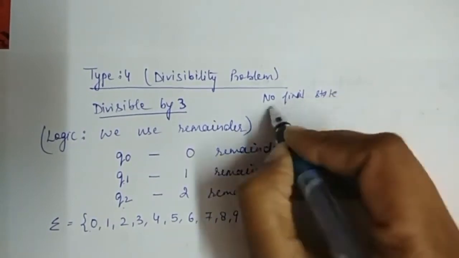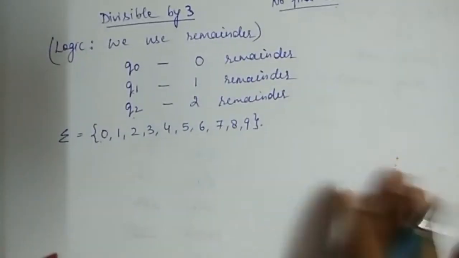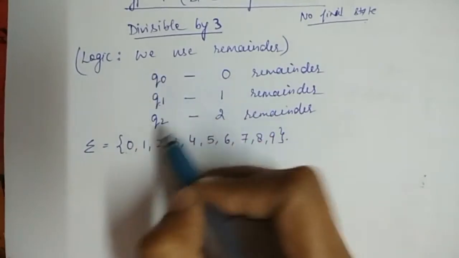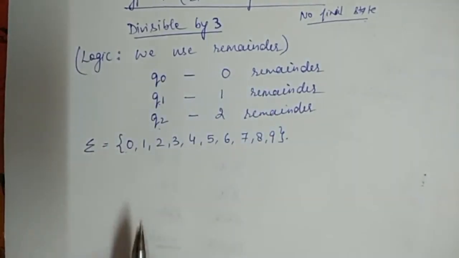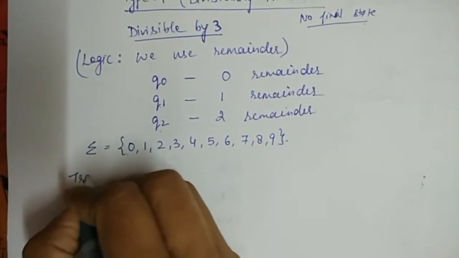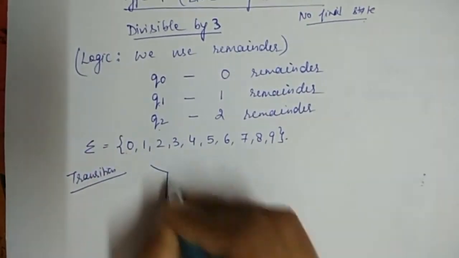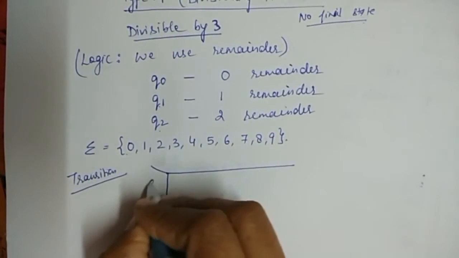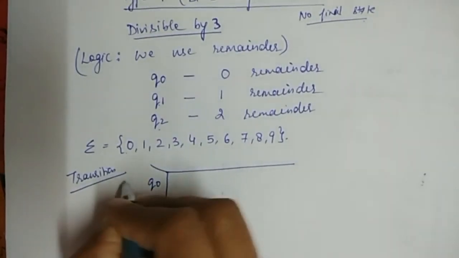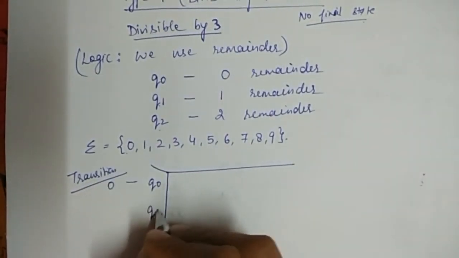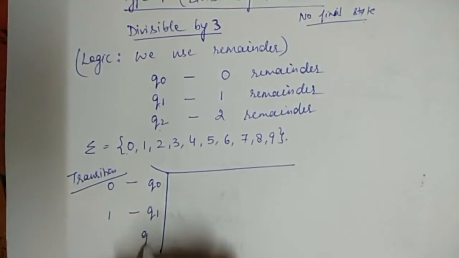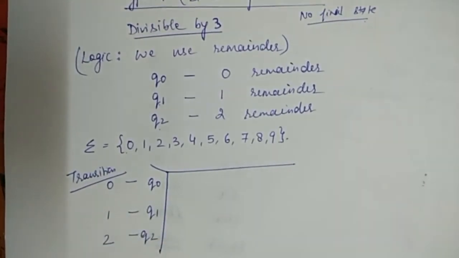Okay, now for these assumptions and by these inputs we construct the transition table. Okay, and for constructing the transition table we take Q0 as 0 remainder, Q1 as 1 remainder and Q2 as 2 remainder.